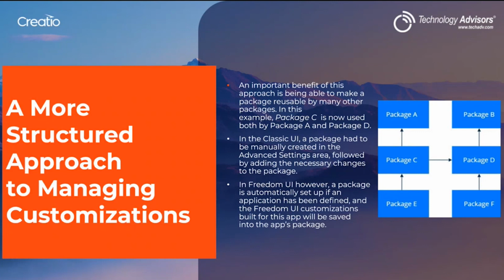Package E would be considered a terminal package because nothing else is reading package E. So if you're putting some configuration into package E, and later on you want package F to look at it, can package F look at what's in package E? The answer is no, because of how the arrows flow.